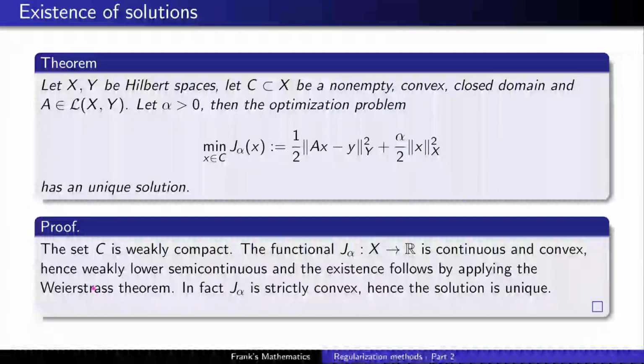We have a weakly lower semi-continuous function over a weakly compact set, and Weierstrass now gives the existence of solutions. And the uniqueness is a direct consequence of the strict convexity of our function J alpha. And the strict convexity is introduced by this Tikhonov regularization term here. So nothing spectacular here. In contrast to the unregularized problem, we now have a unique solution.